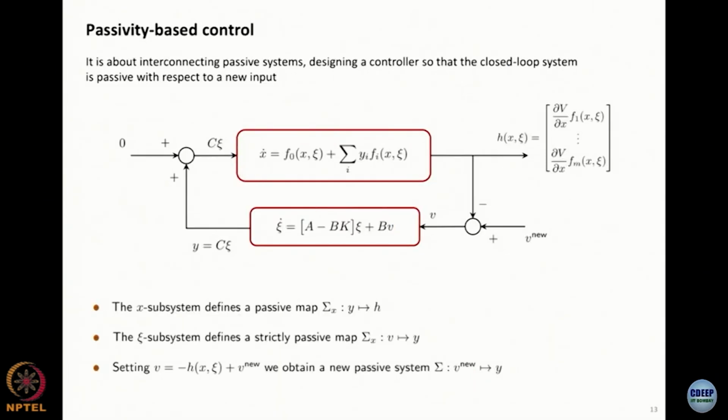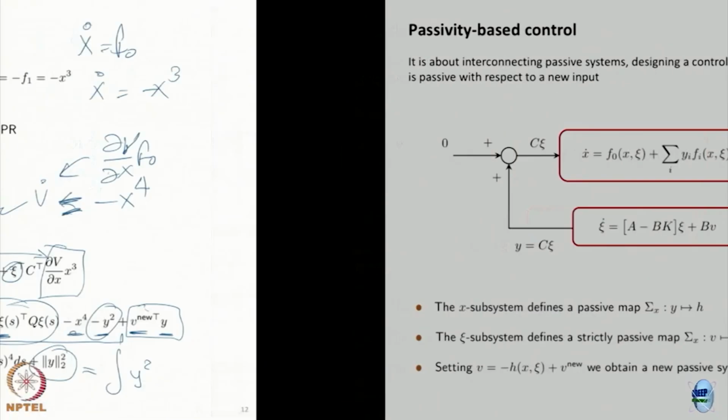I have this system that I'm interconnecting with this one here. This system has as output this. So this is an output that I define, and I use that output to make the passive interconnection. I'm going to use that output to inject it into this block, and I'm going to define this input V exactly as being that output. That's exactly what I just did, right?